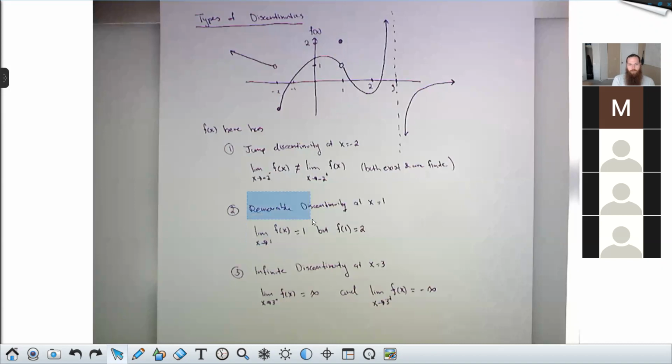We call these removable because you could get rid of the discontinuity just by picking up this dot and moving it back down here. That would fix the discontinuity. That would make the function continuous at 1. So this discontinuity could be removed just by adjusting the height of that dot. And then at 3 over here, we have an infinite discontinuity.